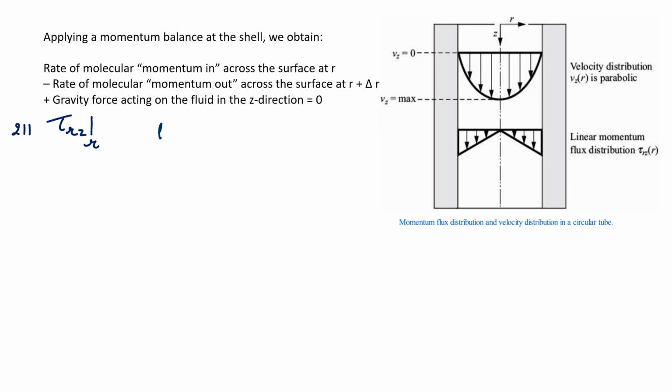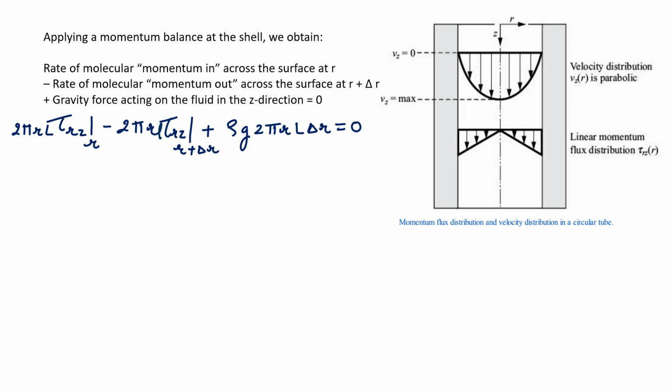So it is 2 pi rL times tau rz at r, minus 2 pi rL times tau rz at r plus delta r, where r is the surface and z is the direction, plus rho g times 2 pi rL times delta r. Why? We are applying it on the shell, therefore delta r.